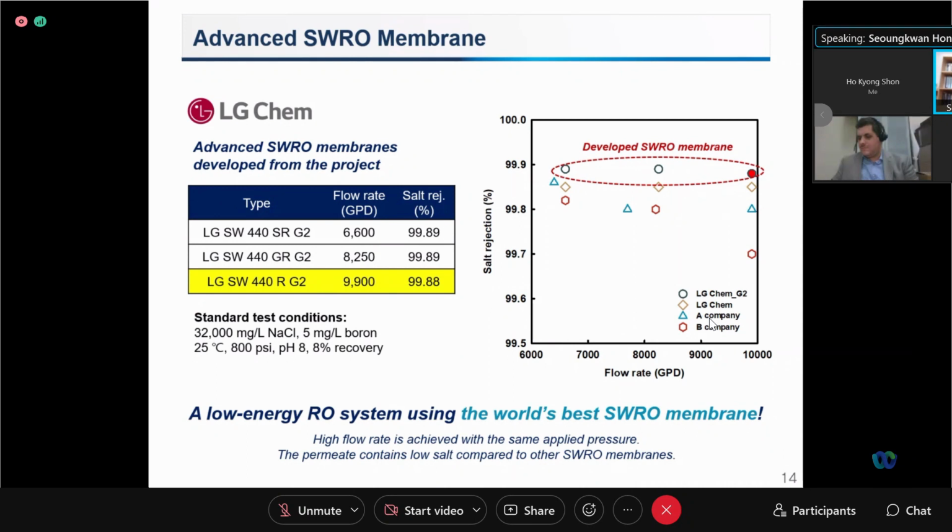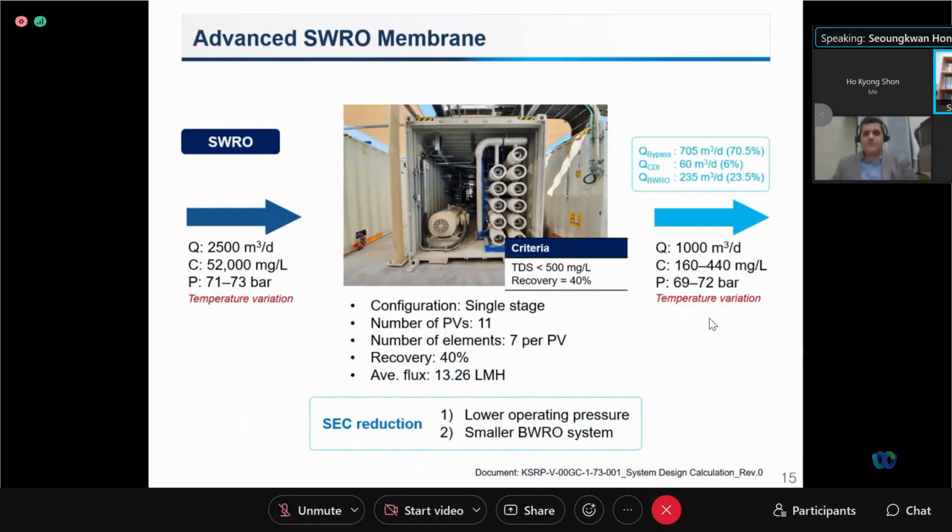High flux is achieved with the same applied pressure, and the permeate from this membrane contains low salt compared to other SWRO membranes. These are the simple numbers that we actually applied to the design of the system containing this membrane.